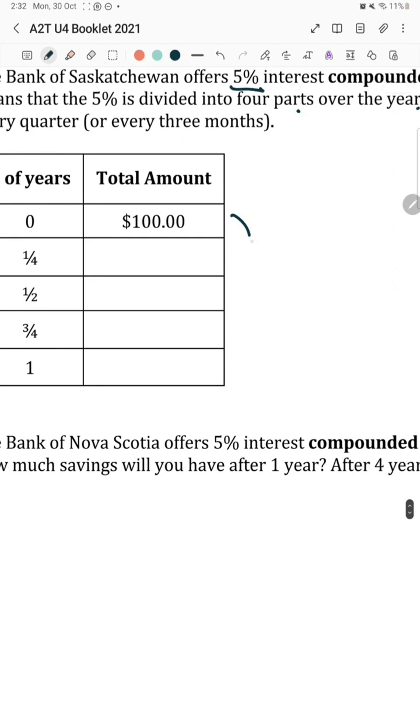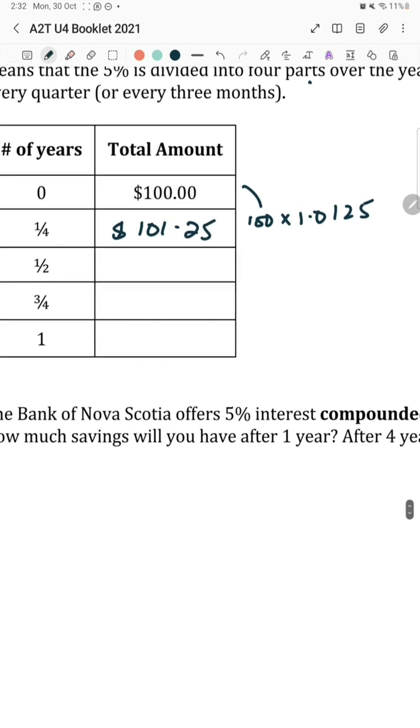Here it would be 100 times 1.0125, which will be equal to $101.25.